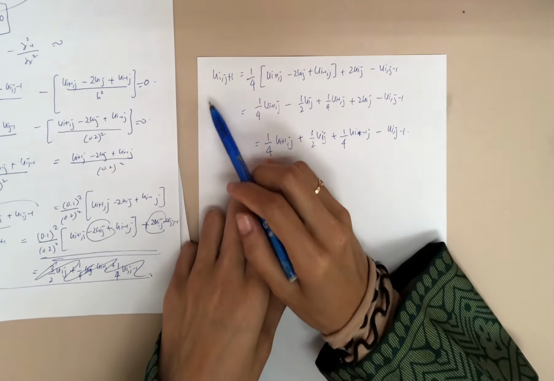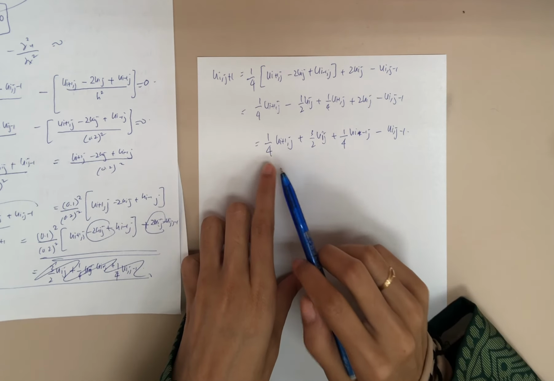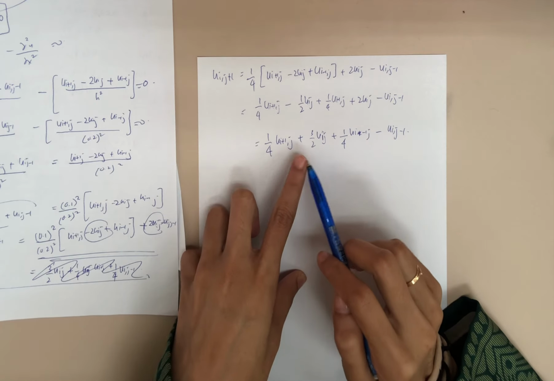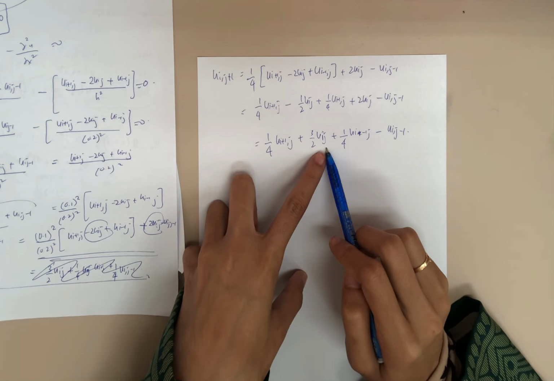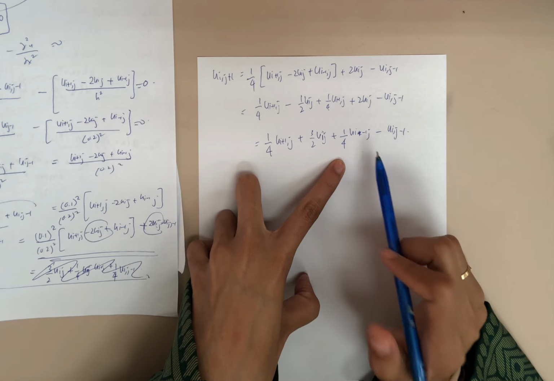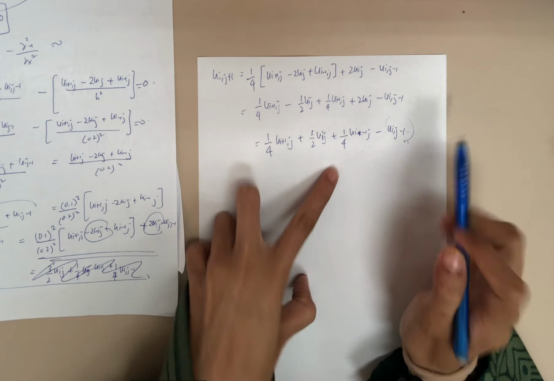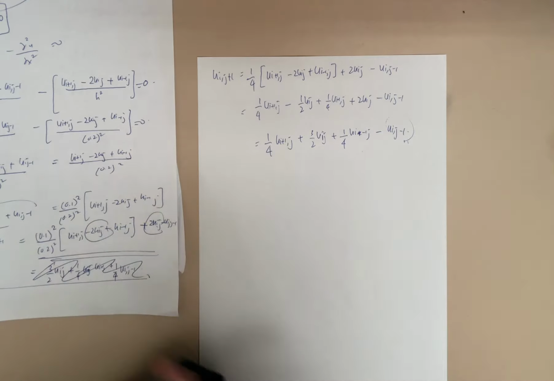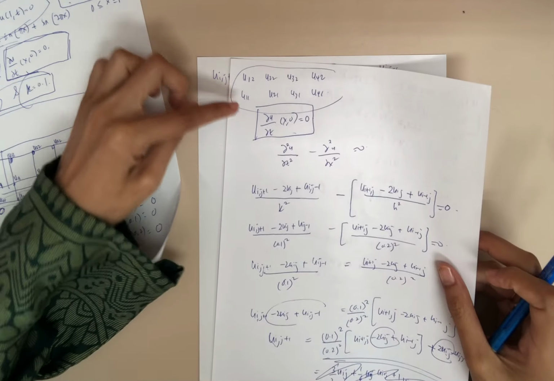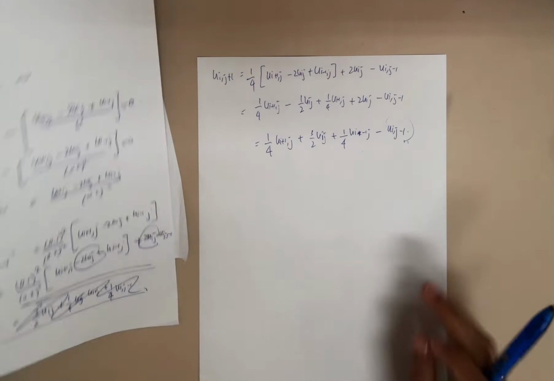So I repeat again: u_{i,j+1} is equal to 1 over 4 u_{i+1,j} plus 3 over 2 u_{i,j} plus 1 over 4 u_{i-1,j}, and then minus u_{i,j-1}. Alright, done. We will find these points by using this equation.